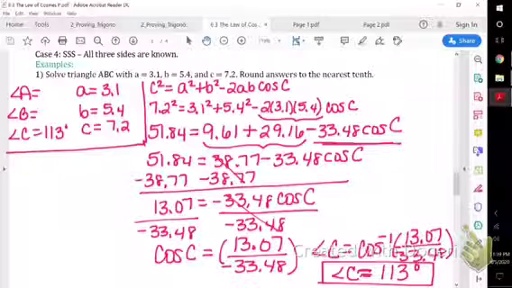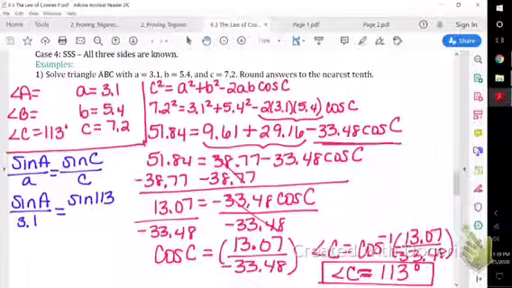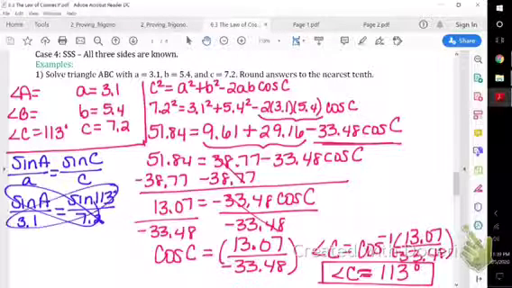So I know using the law of sines, sine of A over side A will equal sine of C over side C. So sine of A over 3.1 is equal to sine of 113 degrees over 7.2. And so we're going to cross multiply and divide.